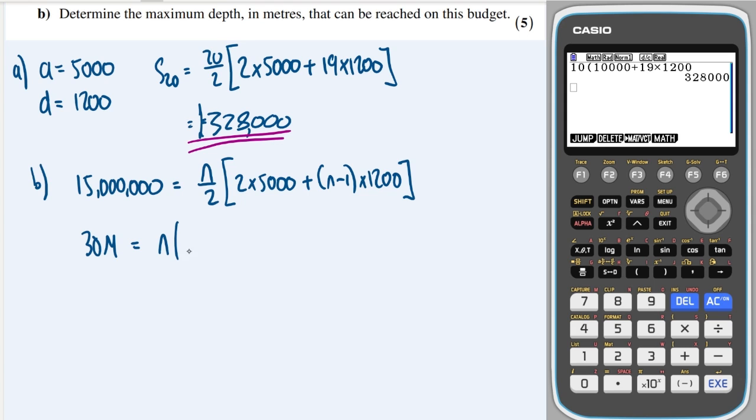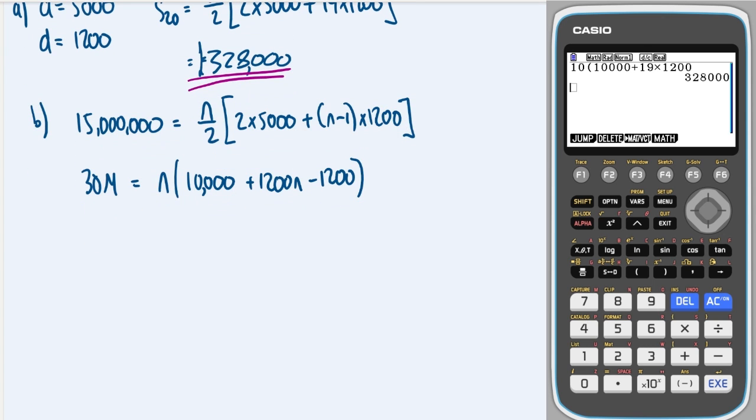And this is n times 10,000, and we're going to get plus 1,200n, and we're going to get minus 1,200. So this is going to give us 8,800 times n plus 1,200n squared. Set that equal to 0.